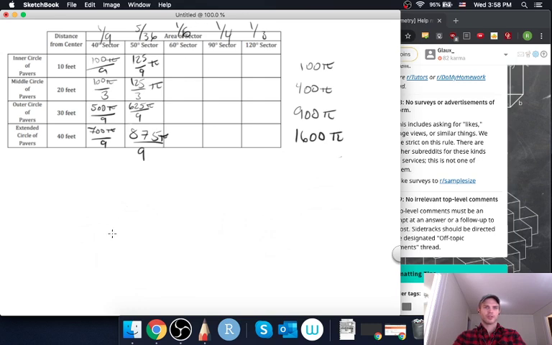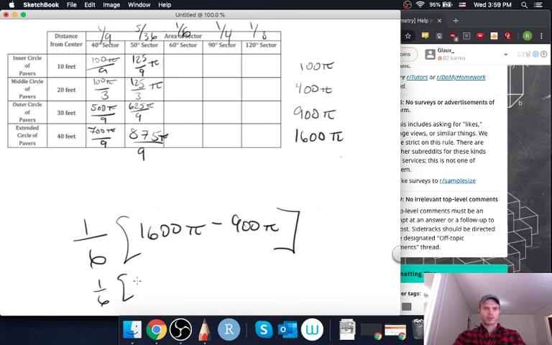Okay, and now we've got 1 over 6 times, and same thing, I'll just do all of the calculations: 1/6 times 700 pi, and then we've got 3 and 350, so this is 350 pi over 3.